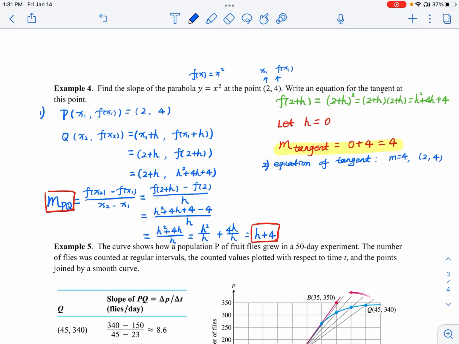Let's recall what we did in college algebra, how to find the equation of a line given slope and a point. We need to use point-slope form, which is y minus y1 equal to m times x minus x1. The given point is our x1, y1.